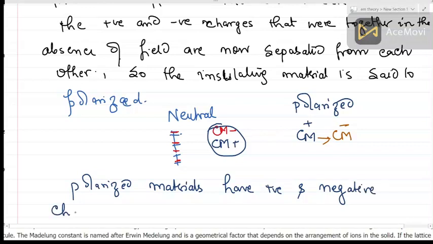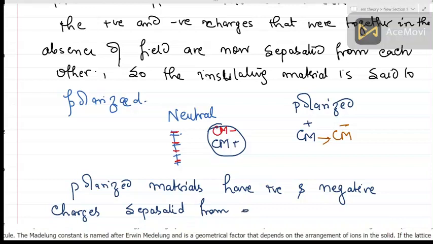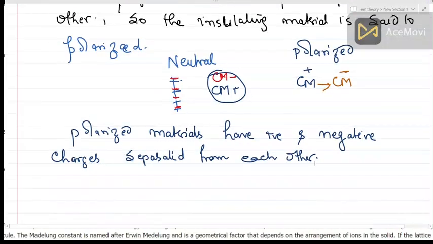Polarized materials have positive and negative charges separated from each other. This is the phenomenon that is occurring.